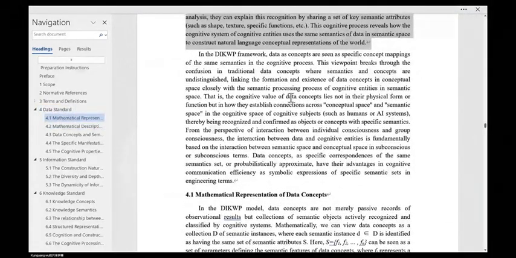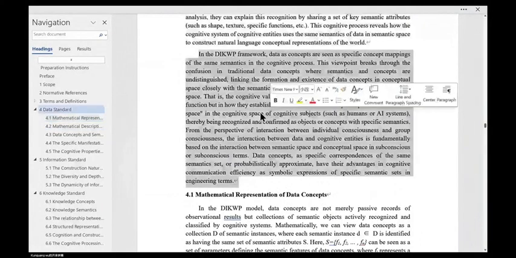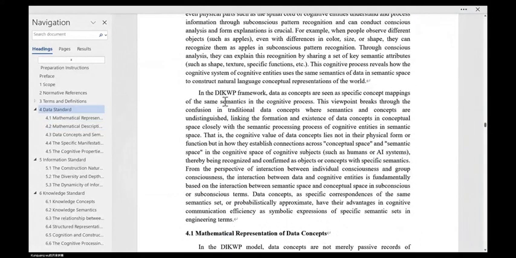Okay, thanks. Next, I will share my screen slowly, just to preview the previous meetings about the data, information and knowledge standards of definitions.